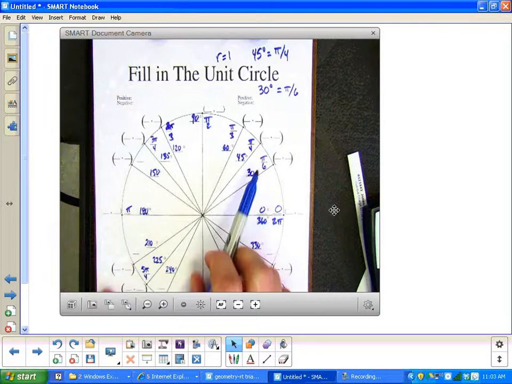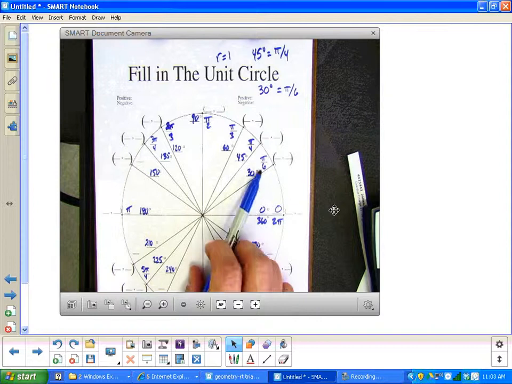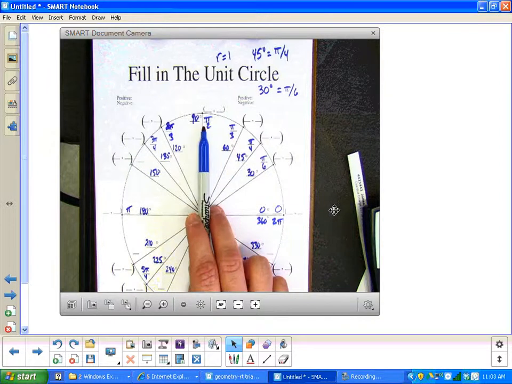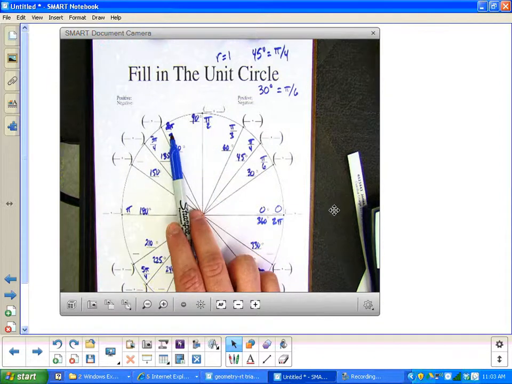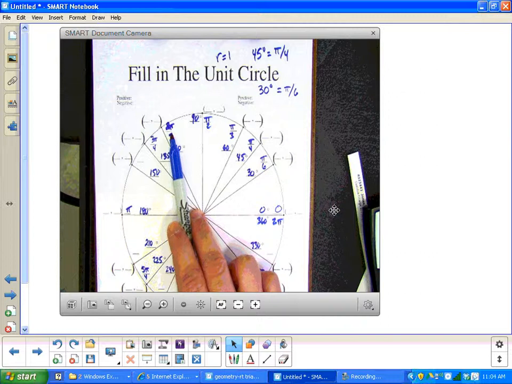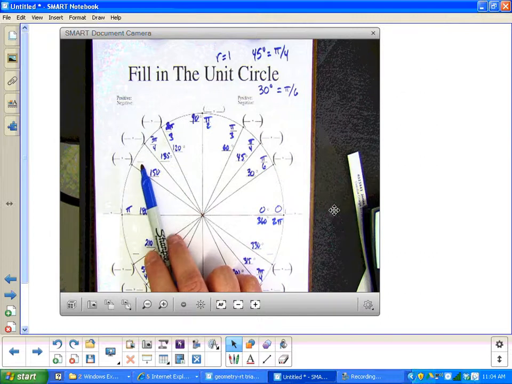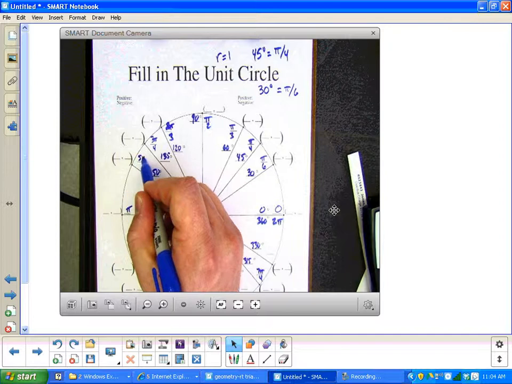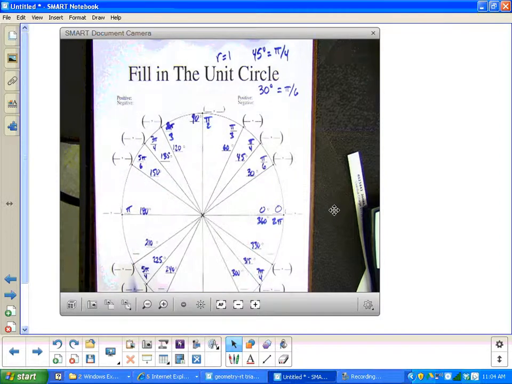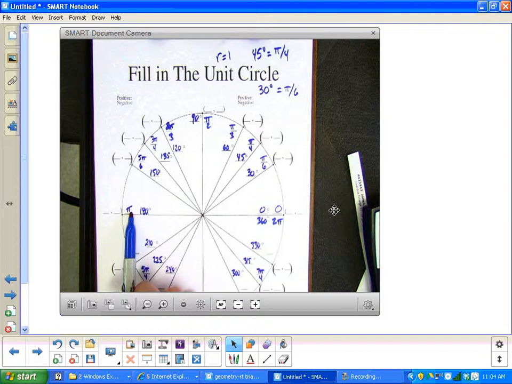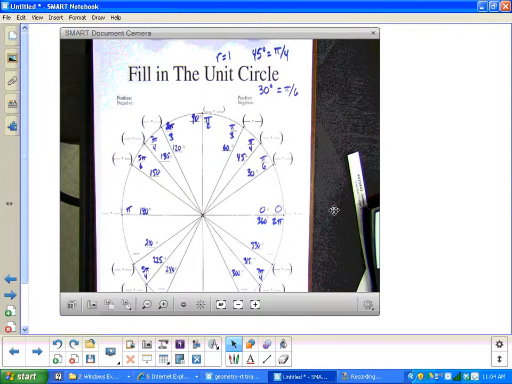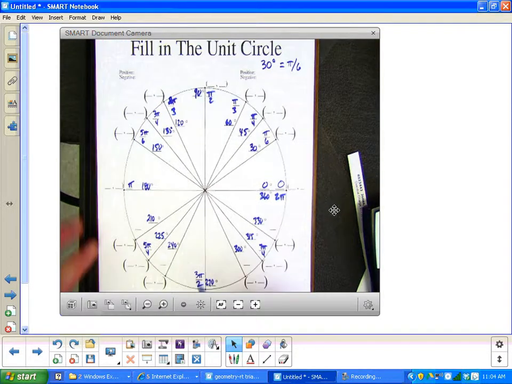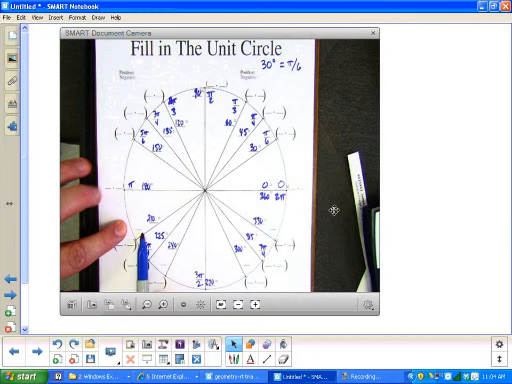All right, look, we're counting by pi over 6. Pi over 6, 2 pi over 6, 3 pi over 6, 4 pi over 6. All right, and so now this one's going to be 5 pi over 6. And then this one would be 6 pi over 6.